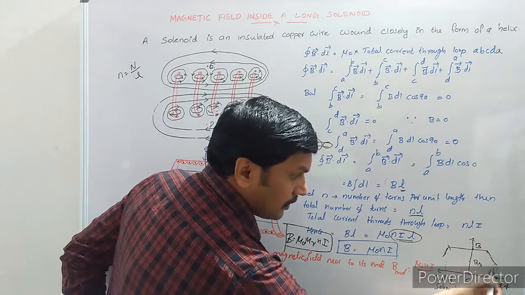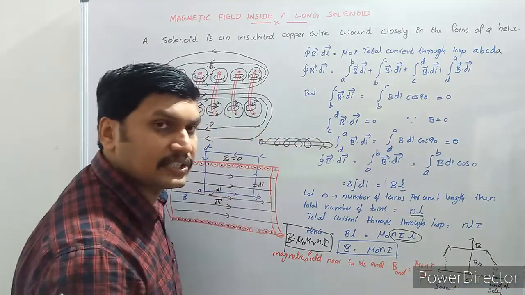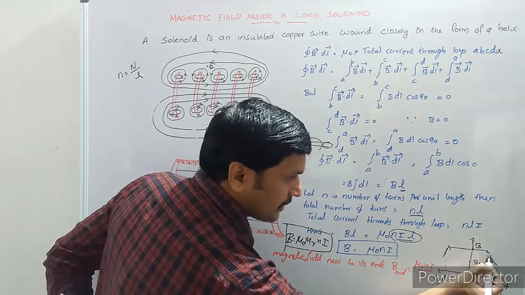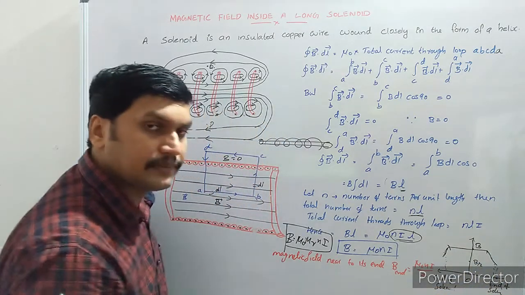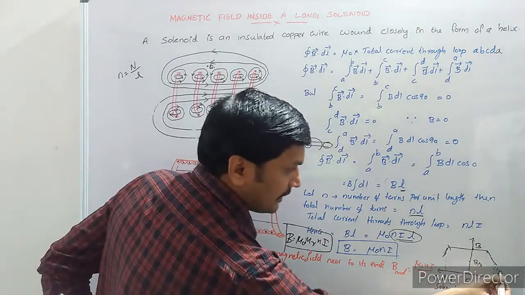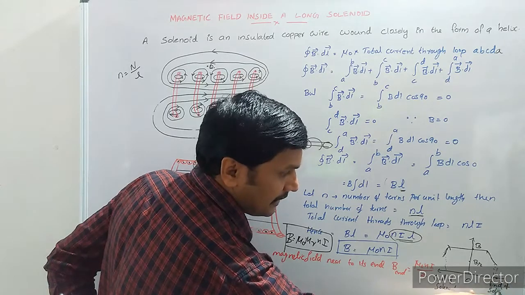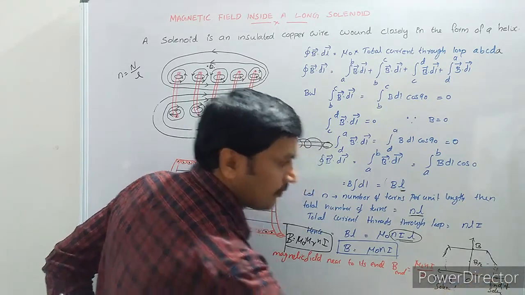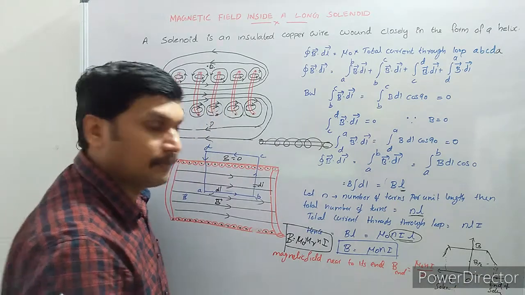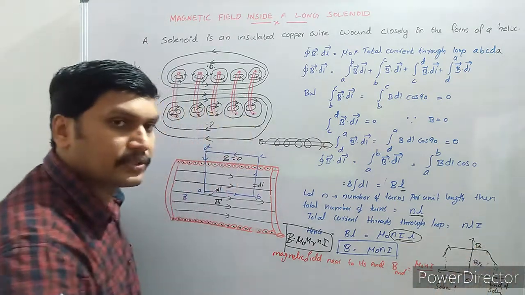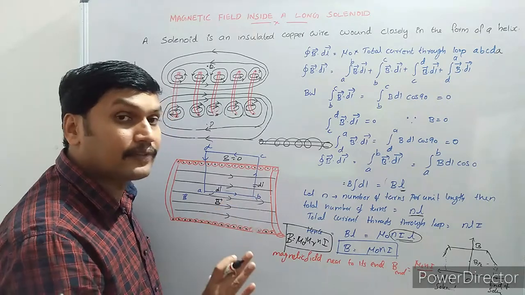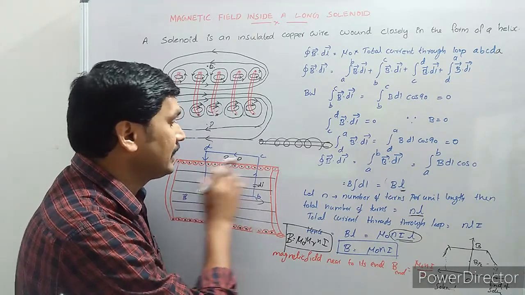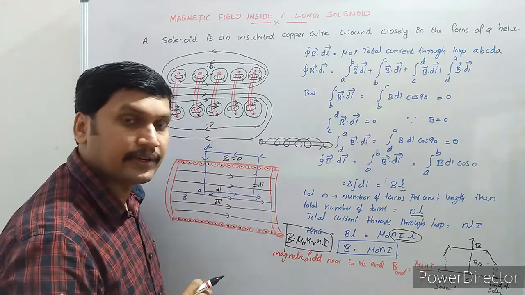But when the distance from the center increases on both sides, we can see a decrease of magnetic field. When it reaches the end of the solenoid, on both sides, you can see that the magnetic field is somewhat B by 2. The magnetic field near the end of the solenoid is equal to half of the magnetic field well inside, at the center of the solenoid.